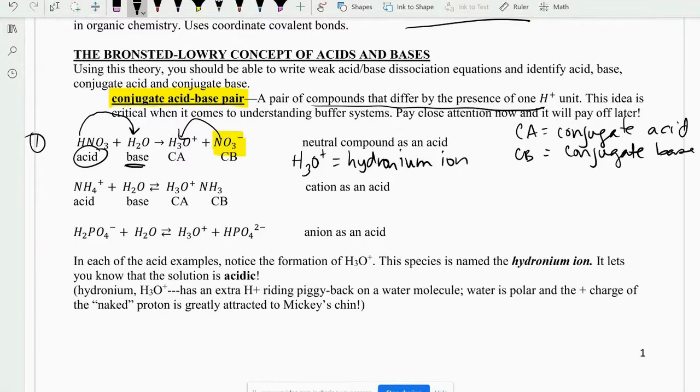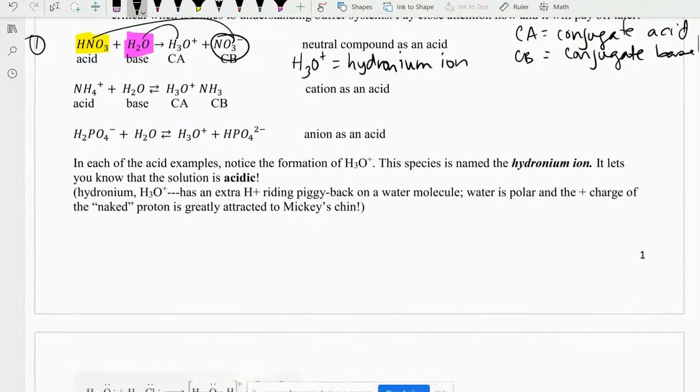And so in this particular example, our acid, HNO3, will form its conjugate base, NO3 minus. And the base here, which is water, is going to form its conjugate acid. All right. So again, what is an acid base pair that is dealing with its conjugates? It's simply a pair that is differing by the presence of a hydrogen proton.